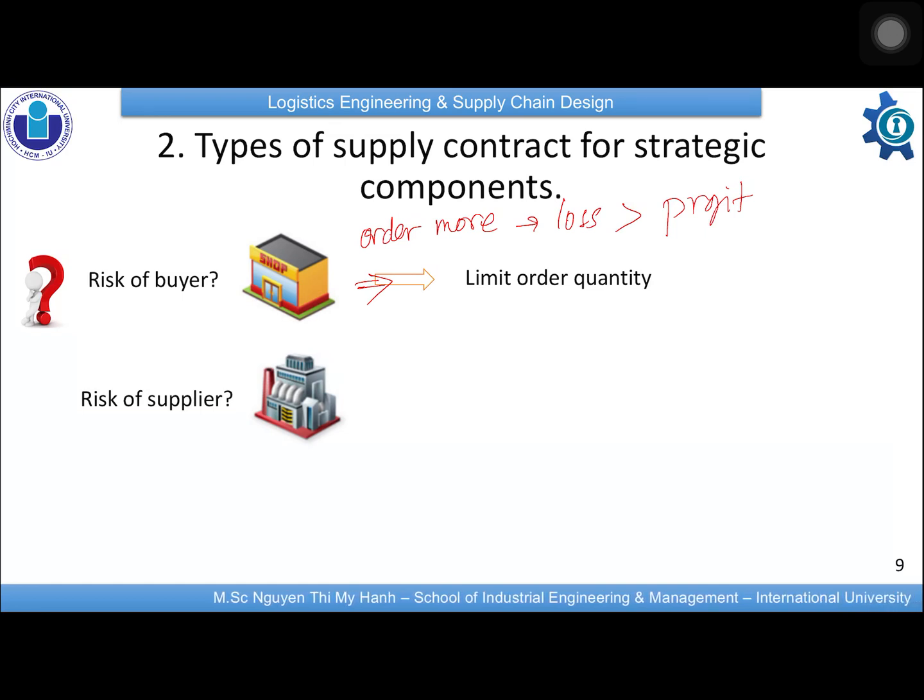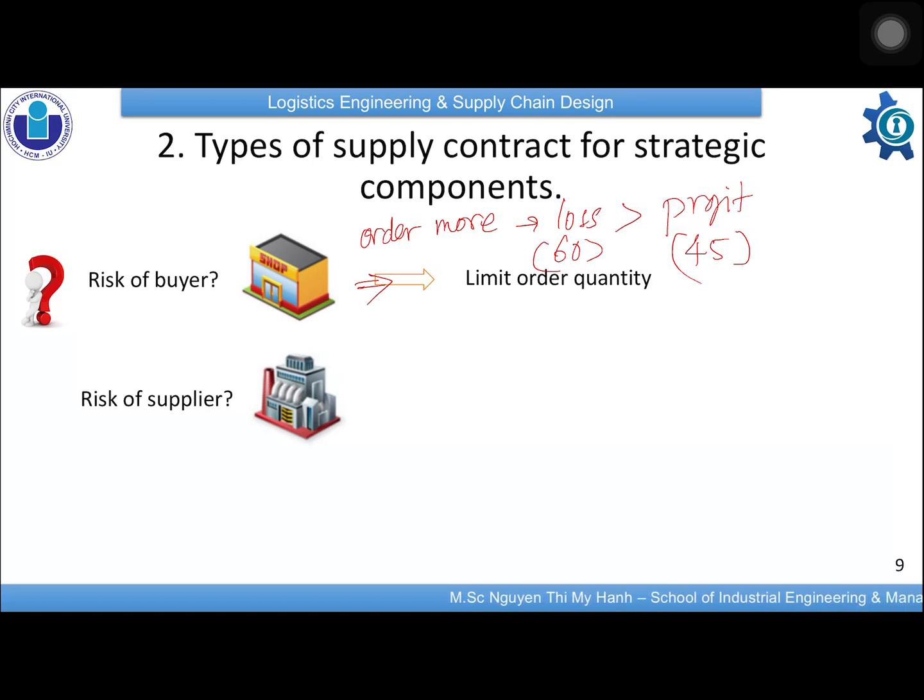Because if they order more, they have extra products they have to pay for. Marginal loss is much higher than the profit, 60 and 45. That's why they try to limit the orders.